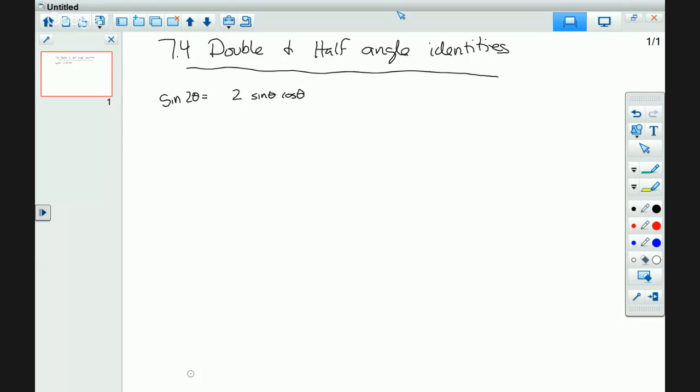They're a little easier to deal with sometimes. Yeah, so that's a doubled angle. See, times 2, right? Sine 2 theta is 2 sine theta cosine theta.